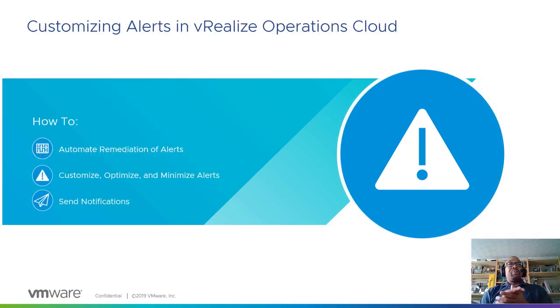And so what we're going to do right now is show you how you can alleviate some of that alert fatigue by automating the remediation of Skyline-specific alerts within vRealize Operations Cloud. We're going to show how you can customize those alerts to minimize the actual number themselves, and even show how you can send notifications to the larger team when those alerts do appear.